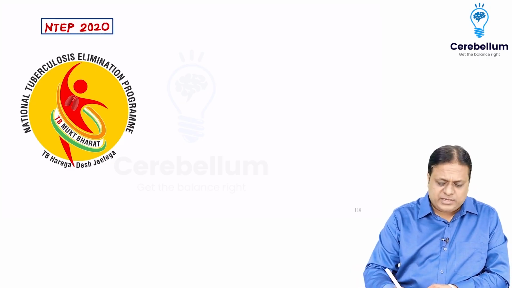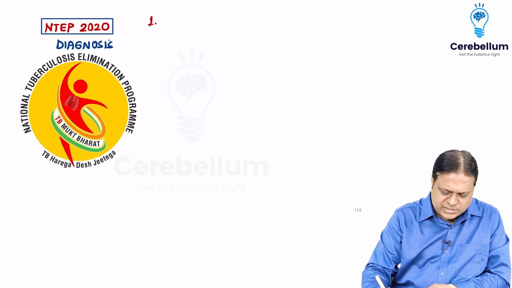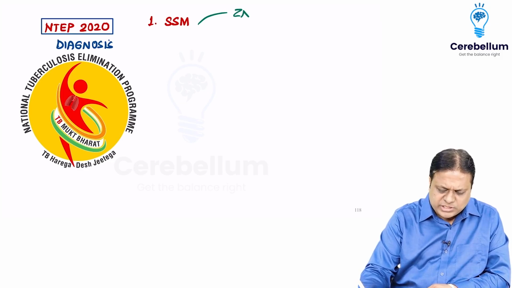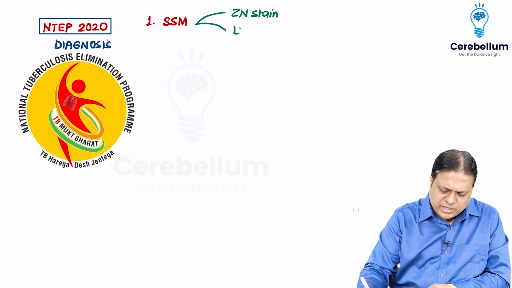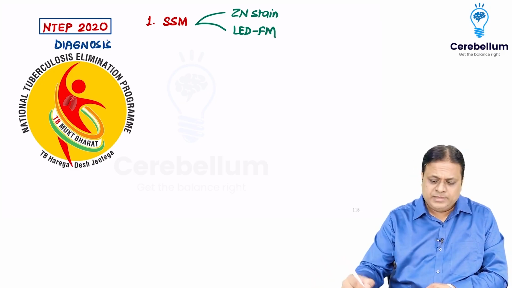Now when we look at diagnosis under this program, the mainstay of diagnosis even today is sputum smear microscopy. Earlier it was done through ZN stain. Now the program has introduced LED fluorescence microscopy also.